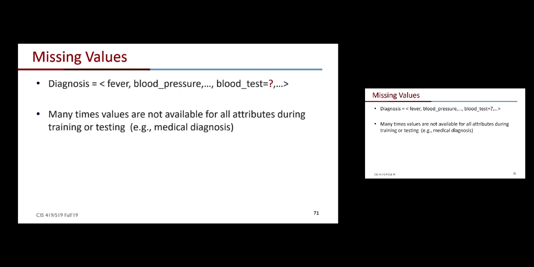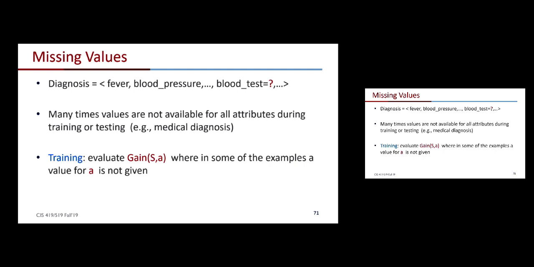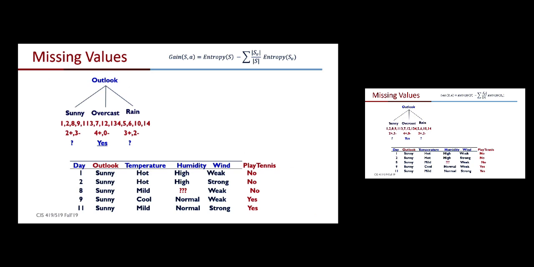You still want to be able to learn a decision tree on this data, and you want to be able to evaluate the decision tree on this data. Right? So we have these 2 problems. First of all, training. I want to be able to evaluate the gain of the data set given an attribute A, where some of the examples are missing the value of A. What will I do? So here's an example.